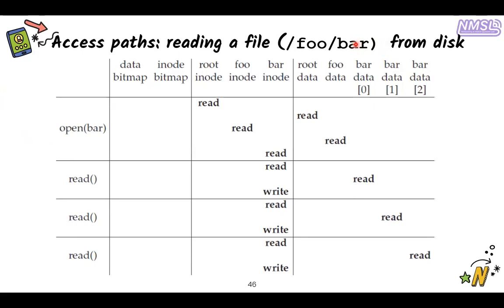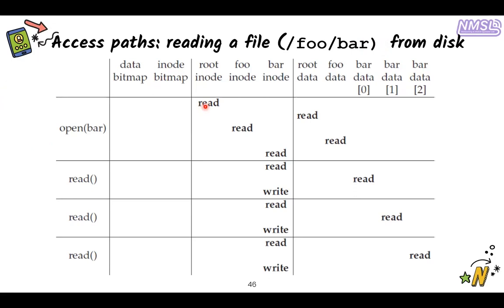Now, initially you have no info, so you have to go from the top, which is the root, right? So you first have to read the root inode. Now, how do I know the root inode? Typically in a Unix system, the root inode is 2. It's decided, because there's no other way to get it.